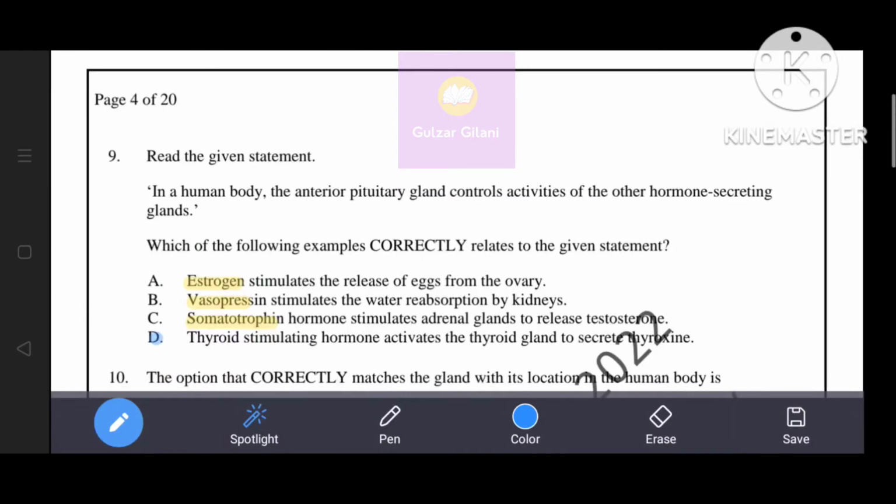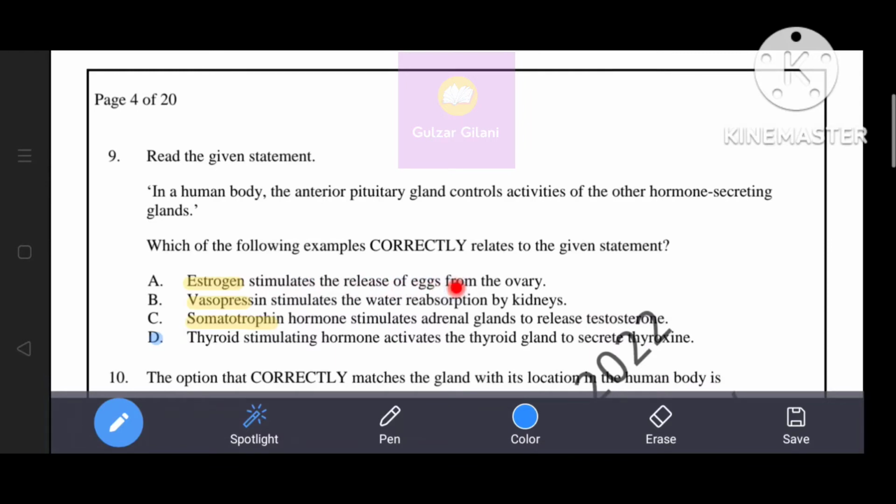Next question. Read the given statement. In a human body, the anterior pituitary gland controls activities of the other hormone secreting glands. Which of the following examples correctly relates to the given statement? Estrogen stimulates the release of eggs from the ovary.